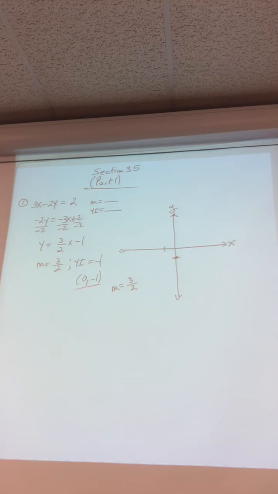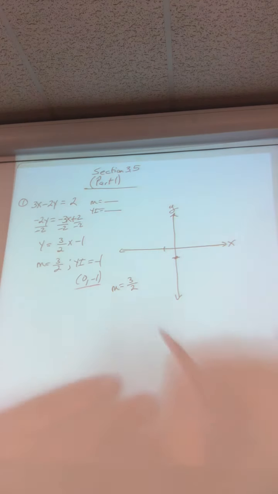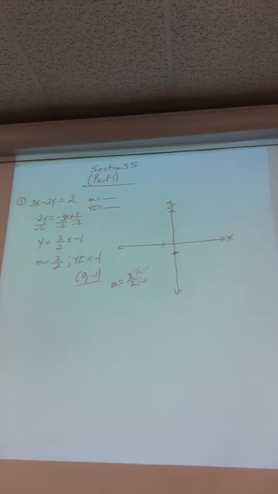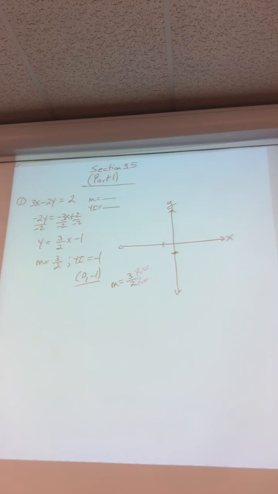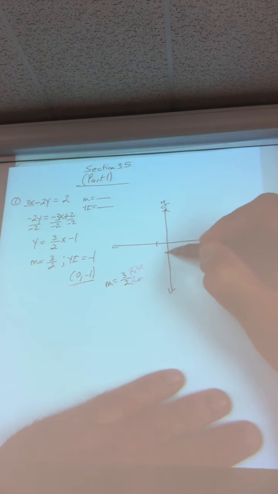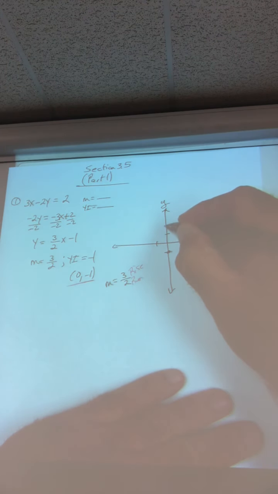Now what I want to do to graph this line is use the fact that the slope is 3/2. Remember, slope by definition is rise over run. So I'll put my pencil on the first point that I plotted and go up 3 spaces. This is 1, so I need to go up 2 more, up 3, and then go to the right 2 spaces.